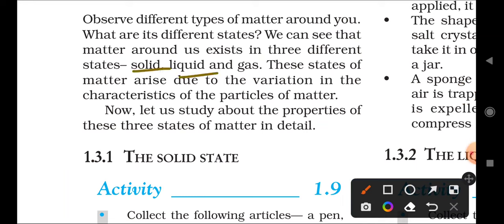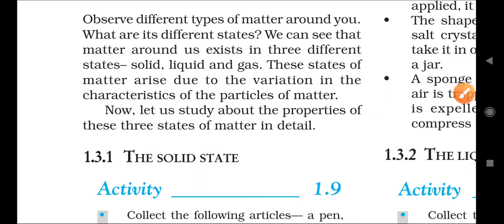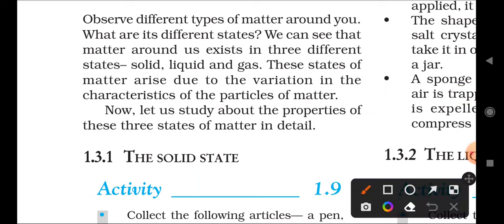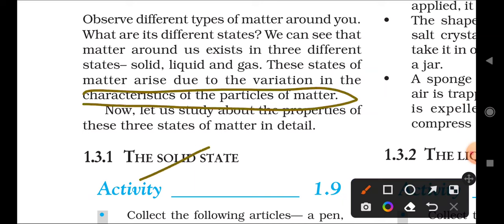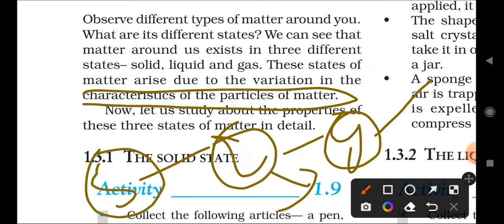What are solid, liquid, and gases? We can see that matter around us exists in three different states: solid, liquid, and gases. These states of matter arise due to the variation in the characteristics of the particles of matter. Solid, liquid, and gas each have different characteristics of particles, completely different from one another.